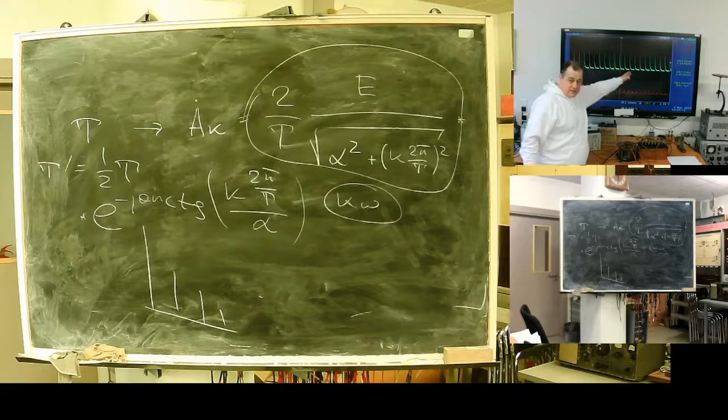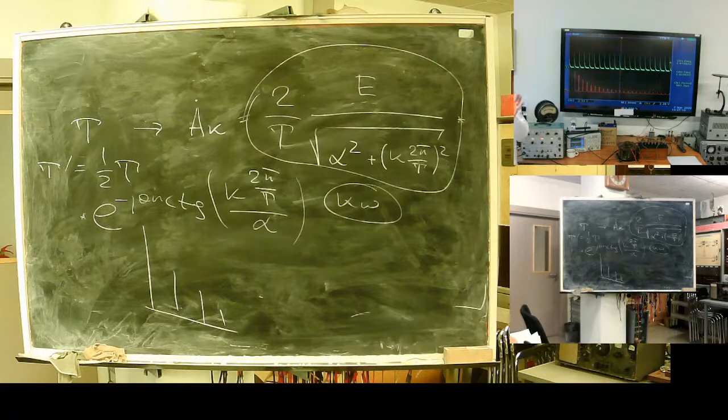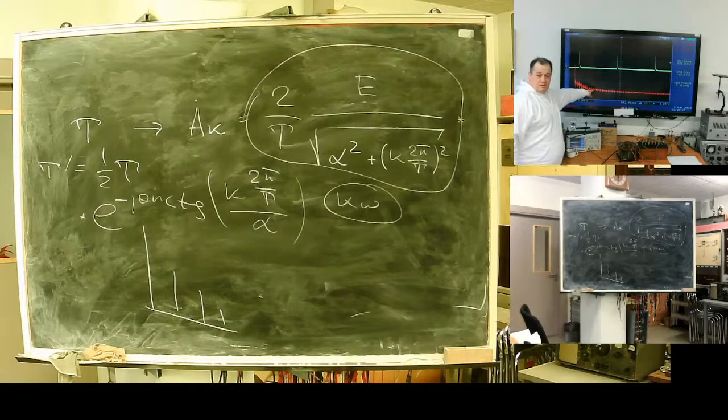More pulses in the unit of time, the broader is the spectrum. And in opposite, fewer pulses. See, it's going to be uninterrupted.